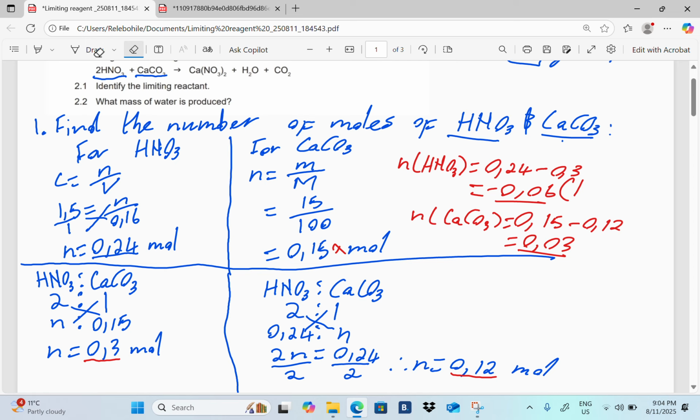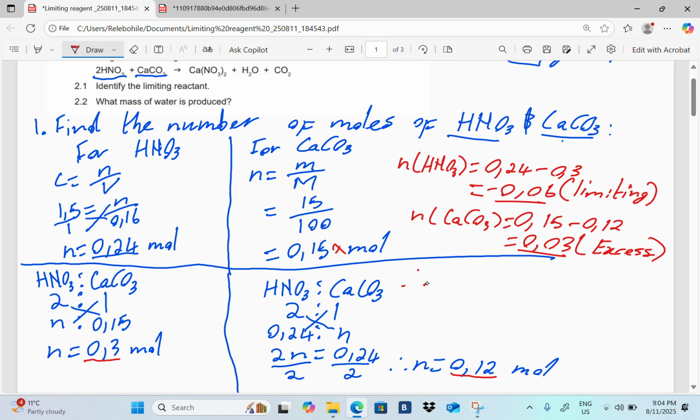So nitric acid in this case will be my limiting reagent, and this one will be my excess. Okay, this one will be my excess, the calcium carbonate.